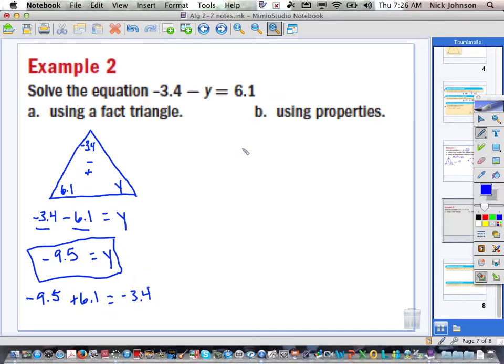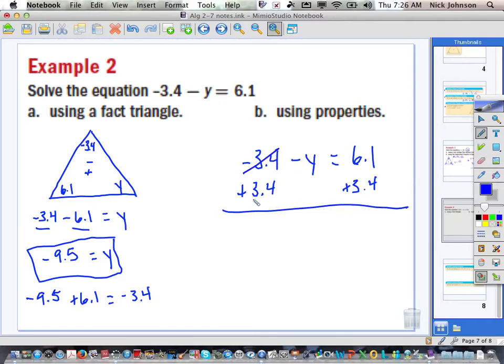How about using our properties? Okay, the first thing I've got to do is move this 3.4 over. So the inverse of subtracting 3.4 is adding 3.4. And I'm trying to find y here. So those are going to add out, leaves me with the negative y.